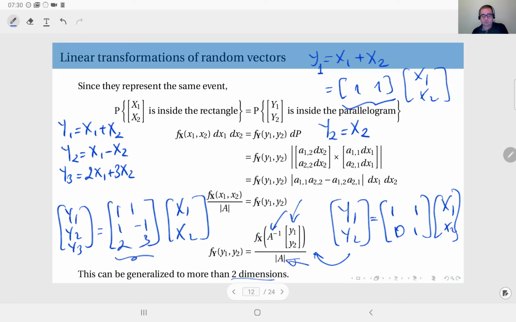Now, what to do with such a matrix? Here we did this by defining an auxiliary y random variable. And here you see the A matrix is rectangular, but tilted to the other side. We have more y's than x's. So here you'll just define an auxiliary x. You can write x1, x2, x3, and a column of zeros here. But that will give you a matrix which is still not invertible.